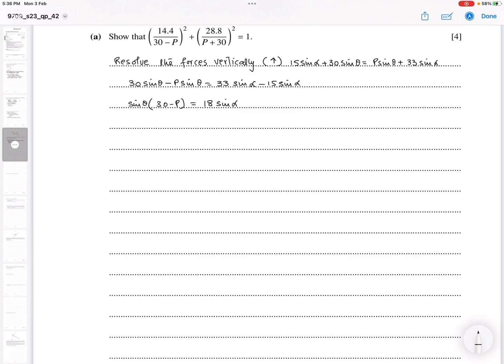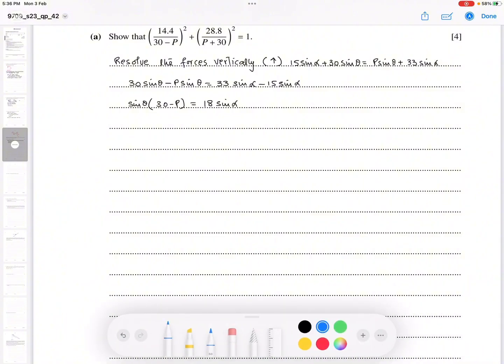If I make the right angle triangle, because in the question the examiner has given us tan alpha is equal to 4/3.